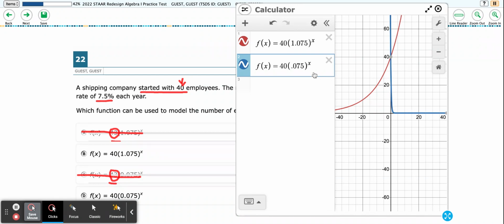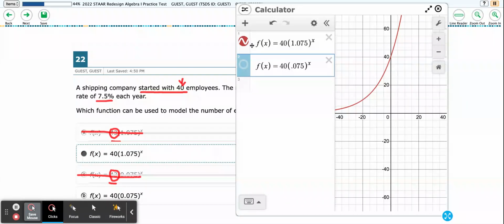Did I put that in there correctly? I believe I did. 0.075, yep. So we have one that is dramatically decreasing. Left to right, this blue line is running downhill, which is decreasing. So we don't want that one. I'm going to turn that one off and remind myself that the red matches choice B.